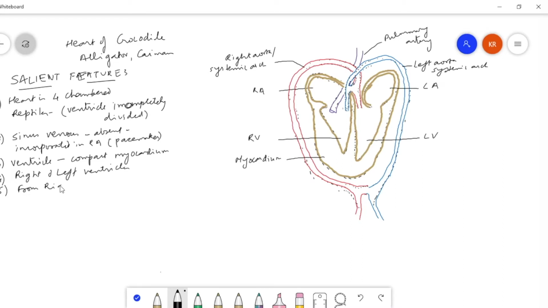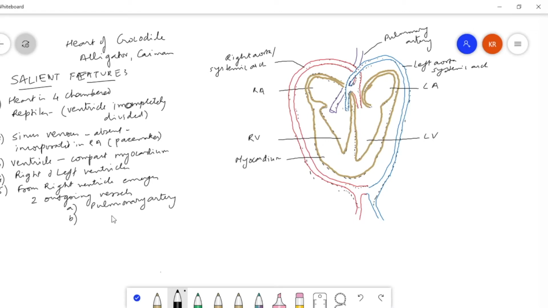From the right ventricle emerge two outgoing vessels: A, pulmonary artery, which is going to the lungs, and B, there is an aorta.